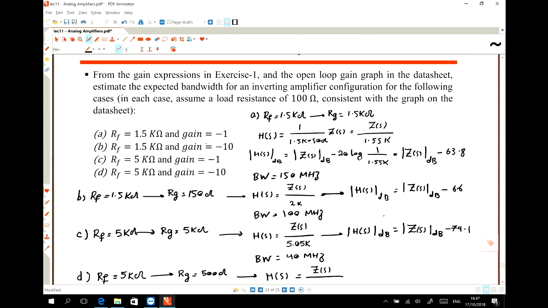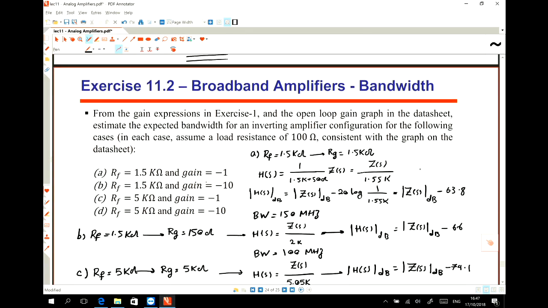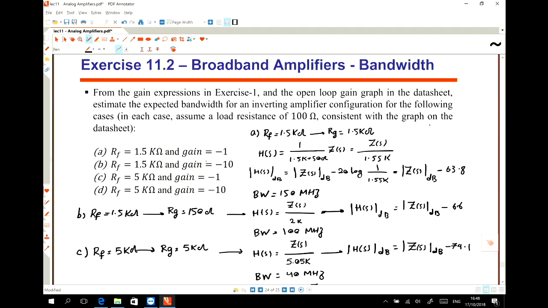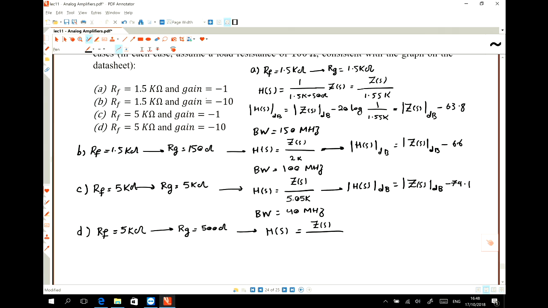RF is 5K, RG is 500 ohm, and Rin is 50 ohm, so 5.5K. So this is divided by 5.5K, 0.55 multiplied by 10.